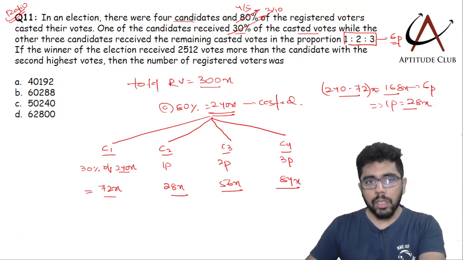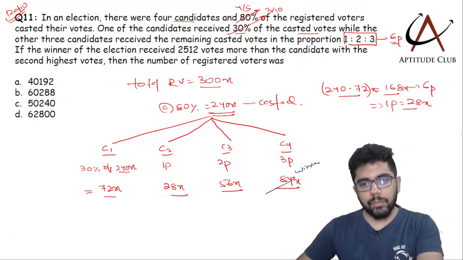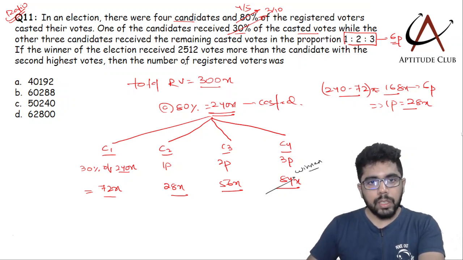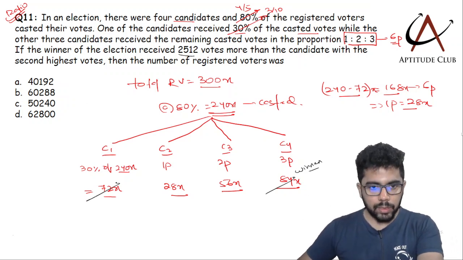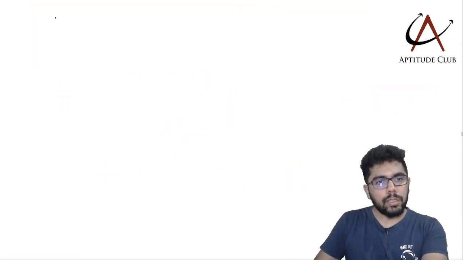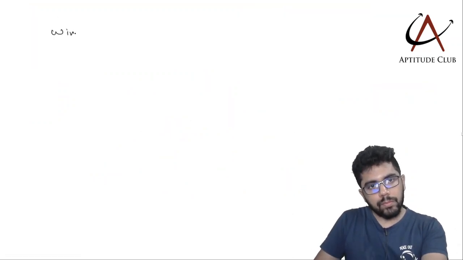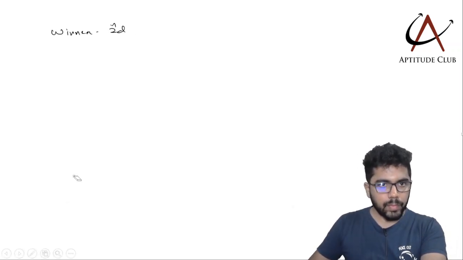Having done this, then the winner, who is the winner? Of course, this one received 2512 votes more than the candidate with the second highest. Who is second highest? So winner minus second highest is 2512.